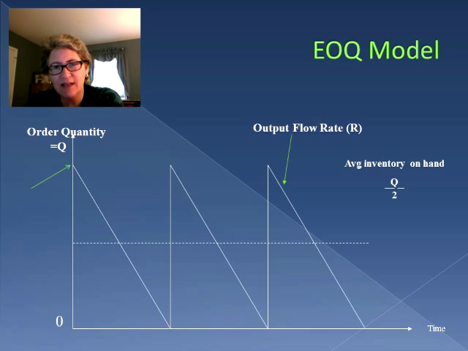Looking at that second arrow, you can see how it's a very smooth line going from the top point down to 0, which means our average inventory is going to be Q over 2. We've taken the highest amount, which is the amount we order, which is Q. Our lowest amount is 0, and we average the two of them, and that's how we get Q over 2.